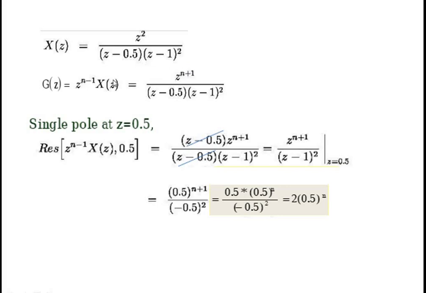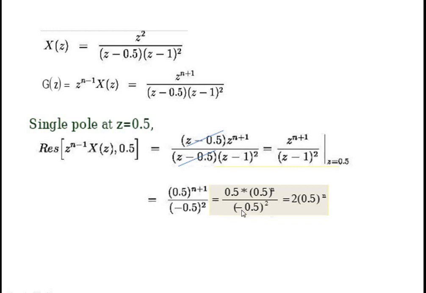The very first thing is to multiply x of z by z power n minus 1, and then find the residue at the single pole z equal to 0.5. We multiply x of z with the corresponding denominator and substitute z equal to 0.5.